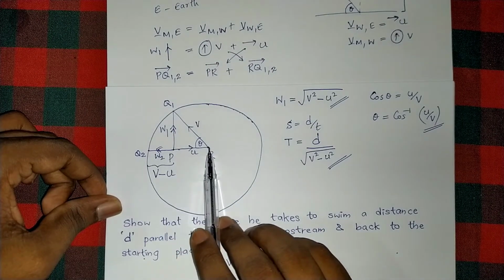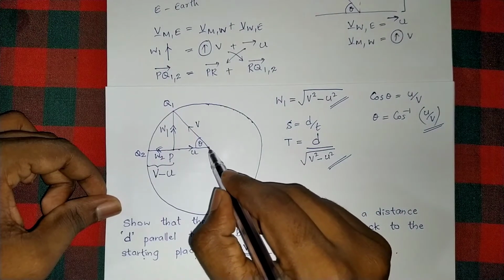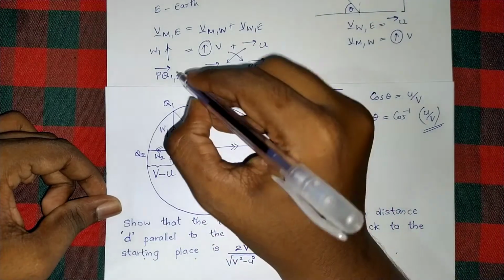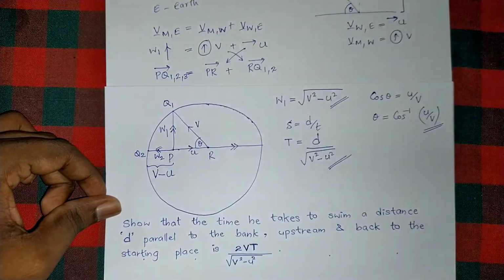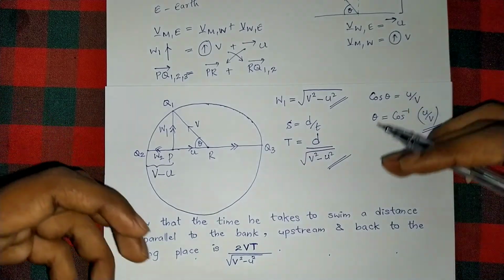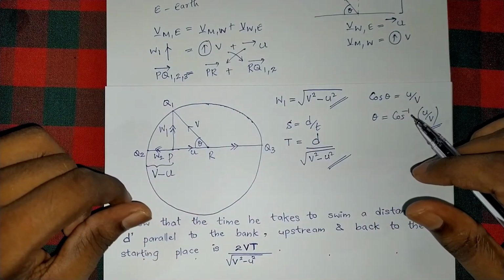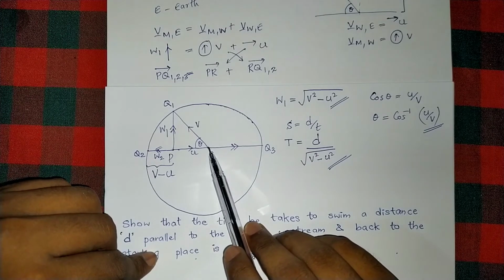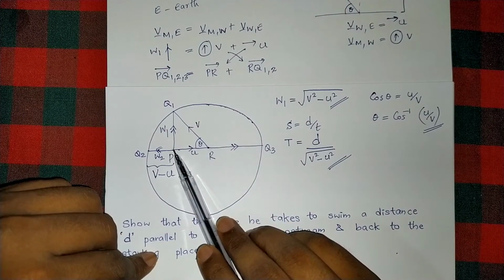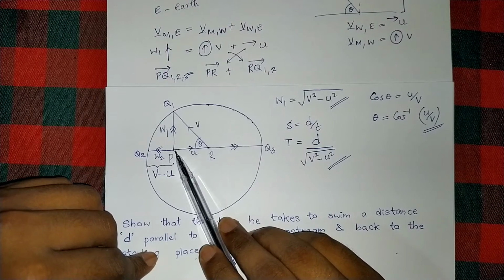So this is the first vector R. Next resultant will be PQ3. So this is my Q3 location. According to the direction they have given in the question, we have to complete the resultant from the P point, because P is the starting point.